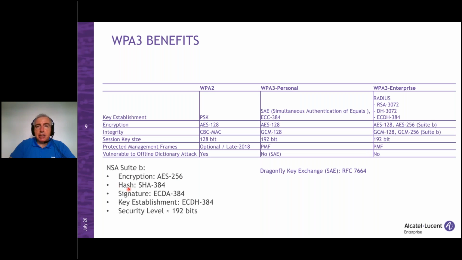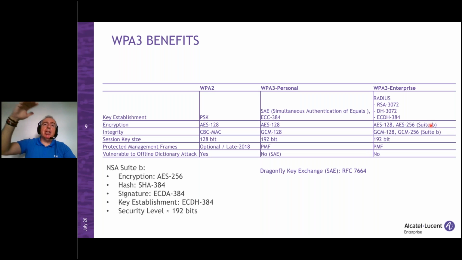It is related with the hashing algorithms, where they are moving away from SHA-2 and moving to SHA-3, in this case 384. And signature, how to sign documents, with elliptic curve 384. Key establishment, Diffie-Hellman elliptic curve 384, and this is considered a secure level of 192 bits. So that's the reason we are adding this Suite B.